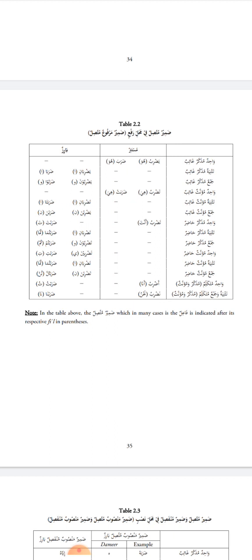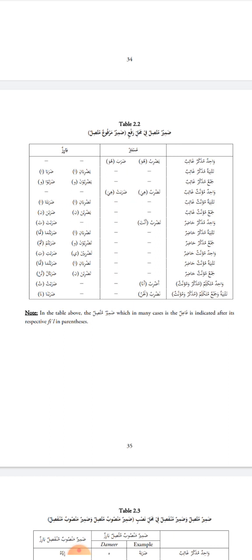Then you have ضربت. ضربت is siga wahid muzakkar hazir, singular masculine second person. The ta damir is baris. Next siga, tuma. This damir is baris, and this is used for both tasniya muzakkar hadir and tasniya muannath hadir.